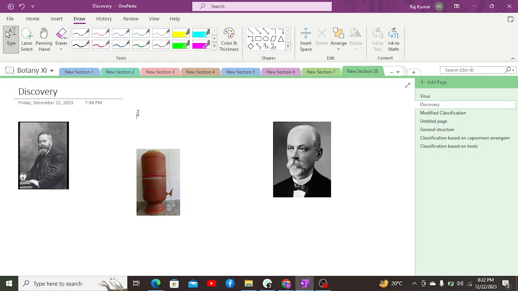porcelain filter paper. According to our book, the porcelain filter paper can only filter particles which are equal to or greater than 0.2 nanometer in diameter of their pore.